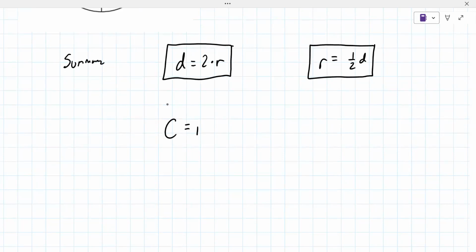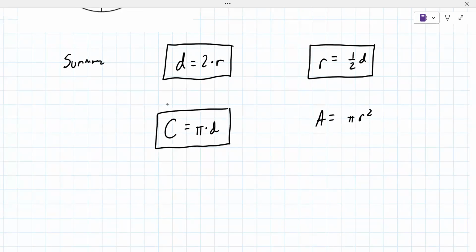The circumference is pi times diameter. And the area is pi times the radius squared. You need to know all 4 of these formulas. So I recommend getting those down, and then we'll do some problems here if you want.